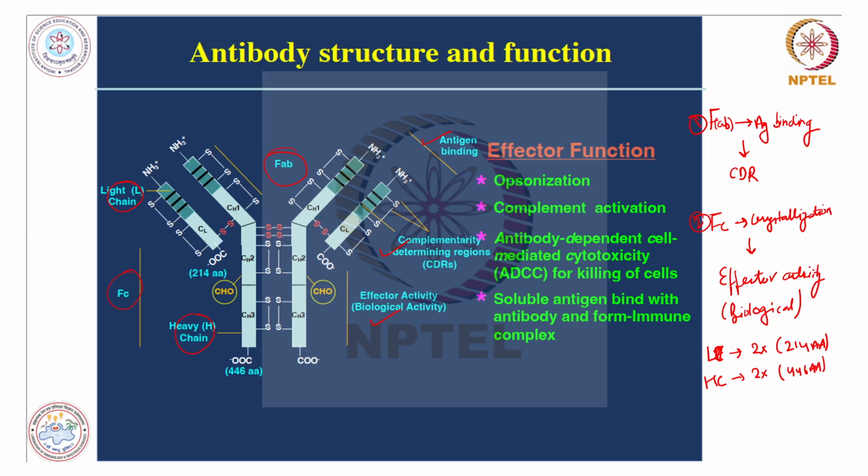It also contains disulfide bonds, which can be intra-chain or inter-chain disulfide bonds. The number of disulfide bonds differs in different classes of antibody, which we will see in the upcoming slides.